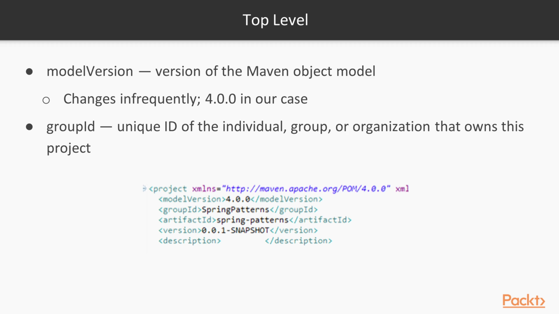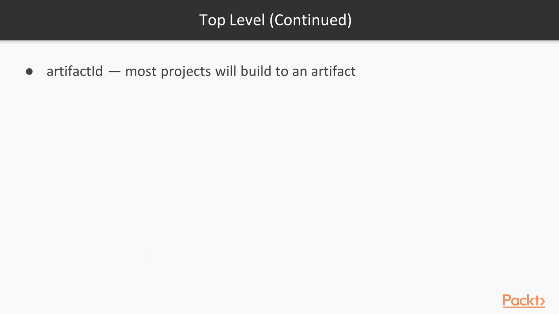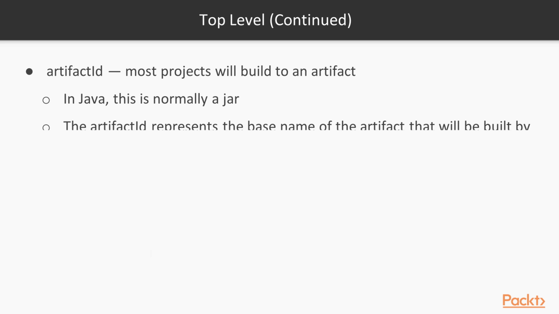Anything like that. Now, next and very similar is something called an artifact ID. Most projects will build to some kind of deployable artifact or some kind of deliverable artifact. Could be a jar, a Java archive, which is essentially a zip file that contains Java classes. And then there are specialized kinds of jars like a WAR or a web archive, which is meant for deployment on a web server, or an EAR, an enterprise application archive.